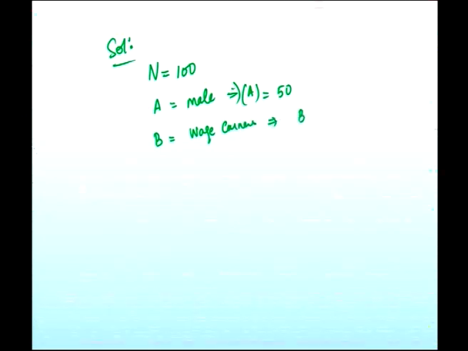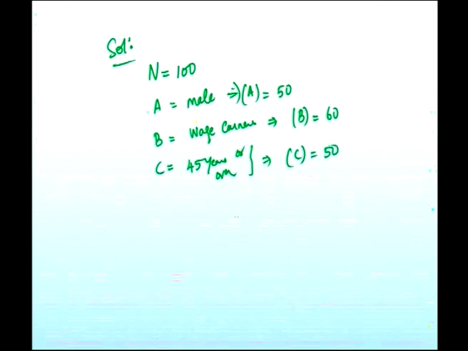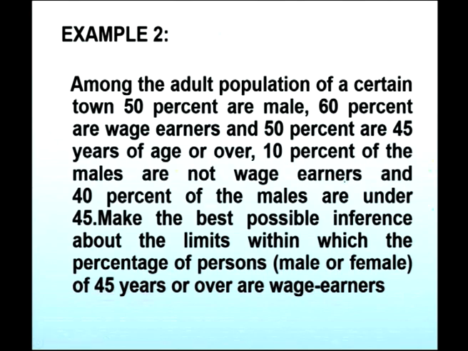So, the number of wage earners will be 60, and C represents the attribute 45 years of age or over, and they are given to be 50%. And then more information is given in the question. What is that? 10% of the males are not wage earners.